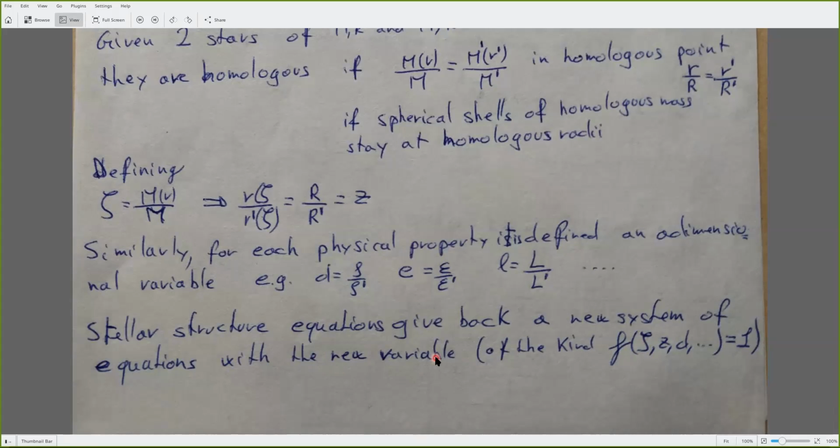We insert the changes: for example, instead of density we put delta prime multiplied by V, instead of epsilon prime multiplied by E, instead of the luminosity L prime multiplied by small l, we put them together, then the equation can be separated. We have the classical part multiplied by a part that is just a function of this new dimensionless variable. And so this should be 1.